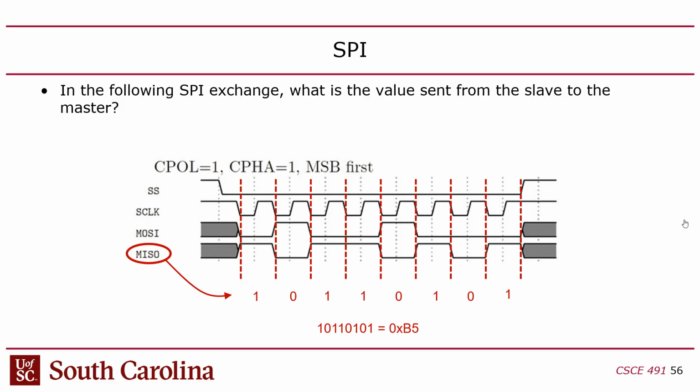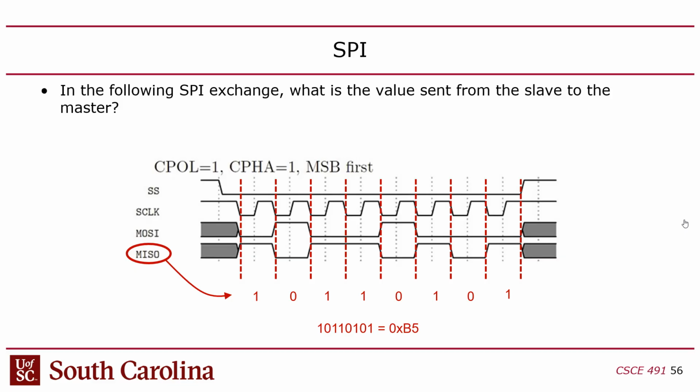The problem is, what order do I read those bits in? Is it most significant to least significant, or least significant to most significant? In other words, is this bit 1 or is this bit 7? Well, according to this, it says most significant bit first.